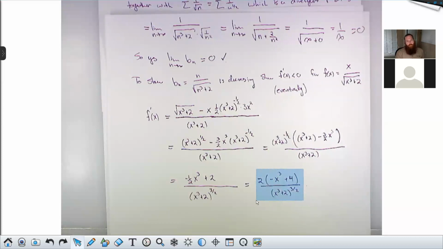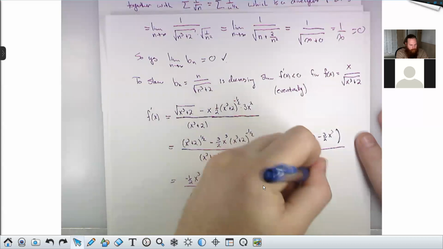I'm a realist. I know that in the actual exam setting, maybe a quarter of people would get here. But from the end behavior, you can deduce that this guy wins, right? The denominator is positive. The numerator is negative x³+4 times a positive constant.